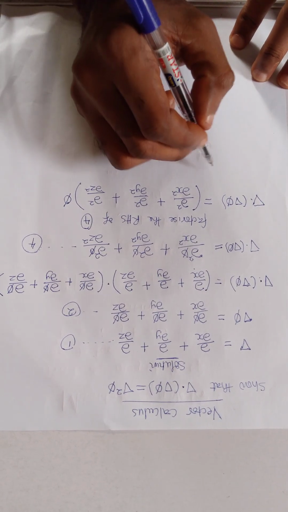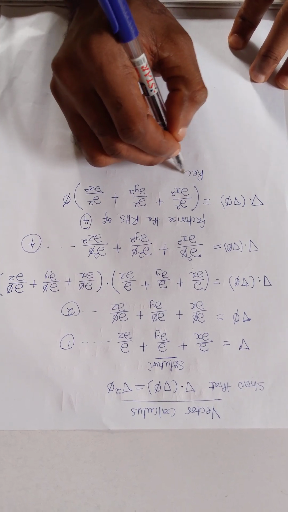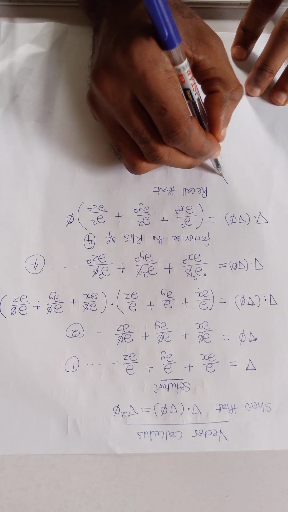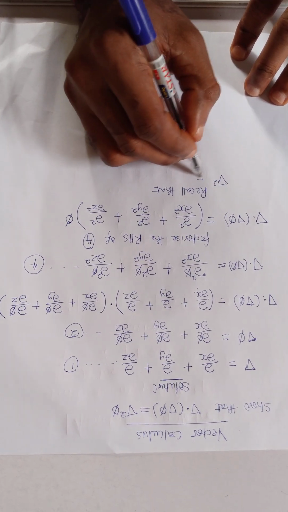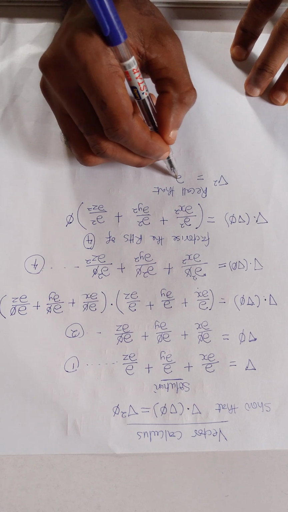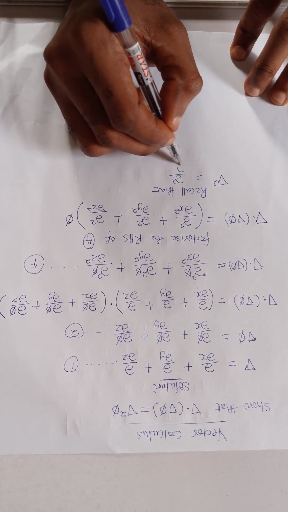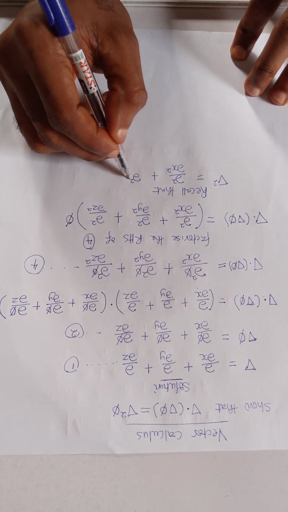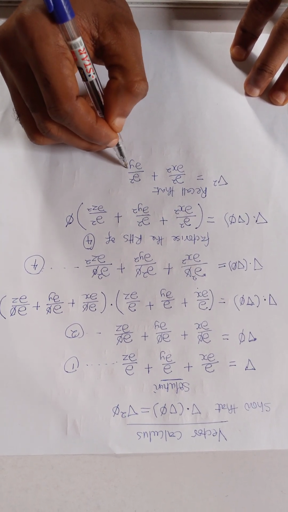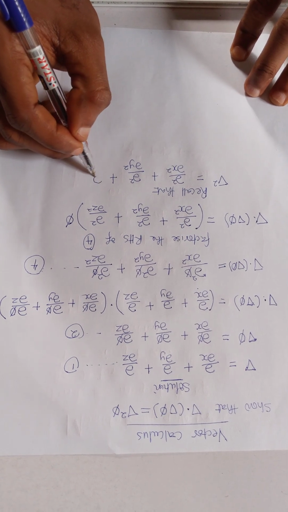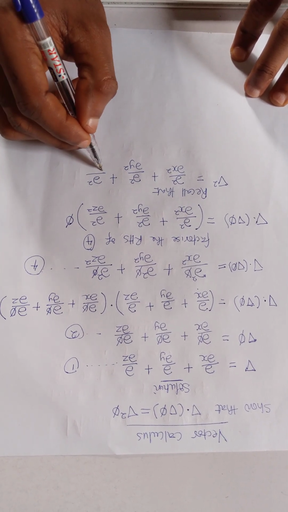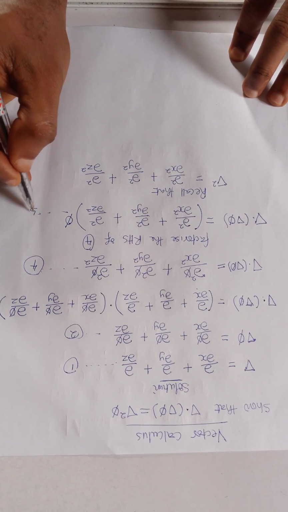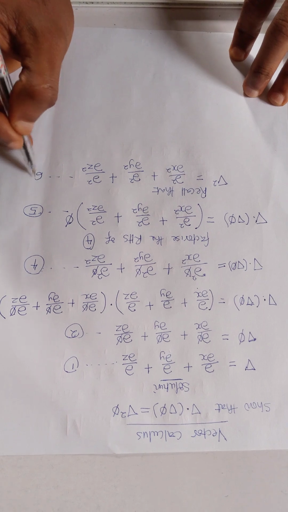But we have to know that, recall that this square is equal to this, so we can call this equation 5 and we call this equation 6.